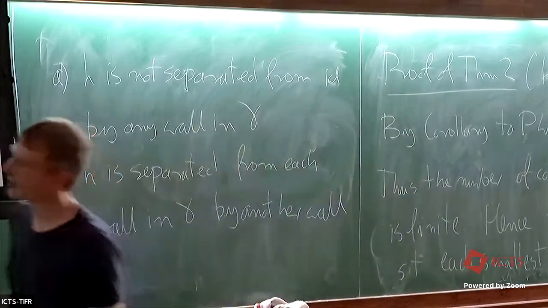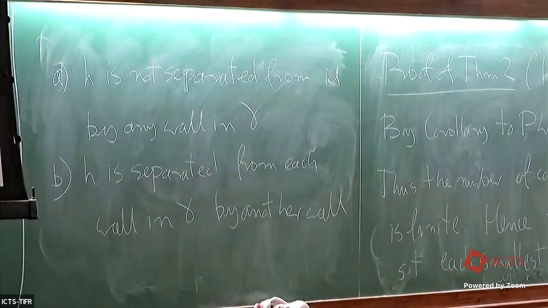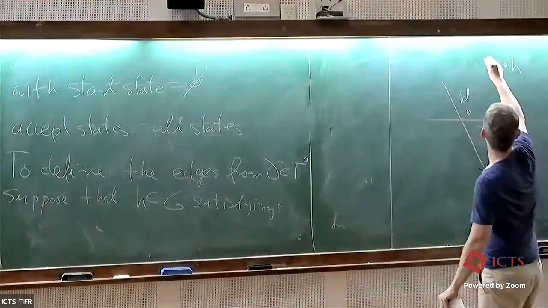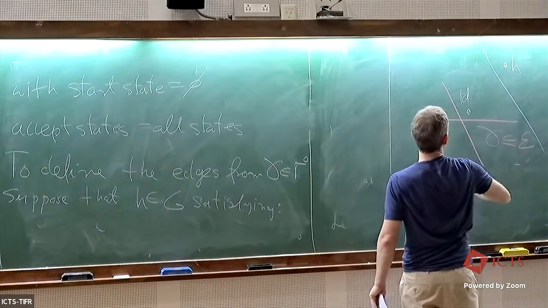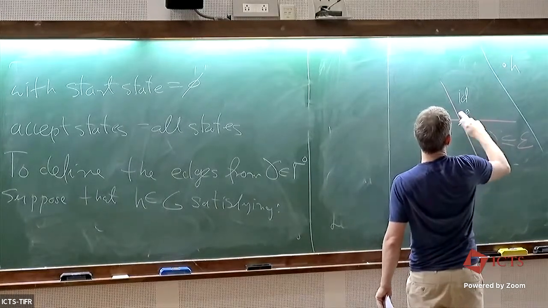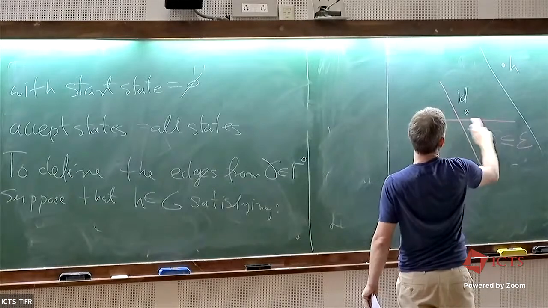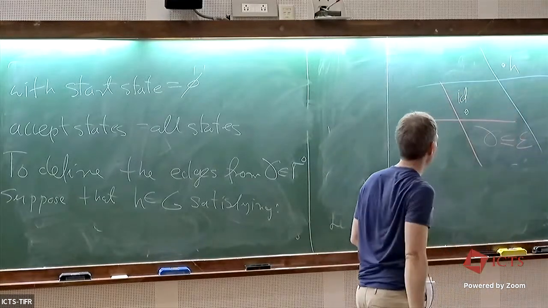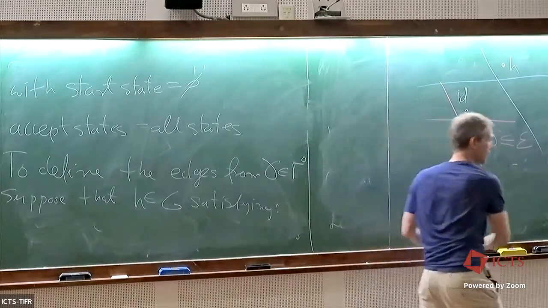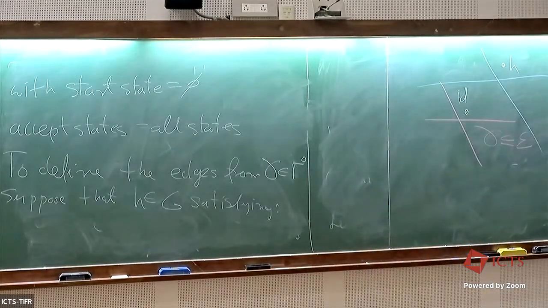So it's relatively far from identity, because for each of those red walls, I want to have at least one wall separating H from this wall. Similarly from this wall, we would like H to be separated. So H is relatively far from identity according to this axiom B.